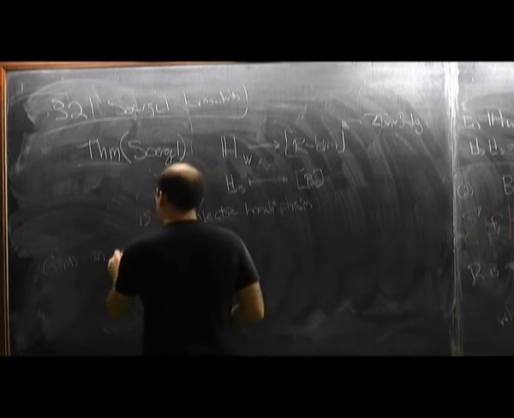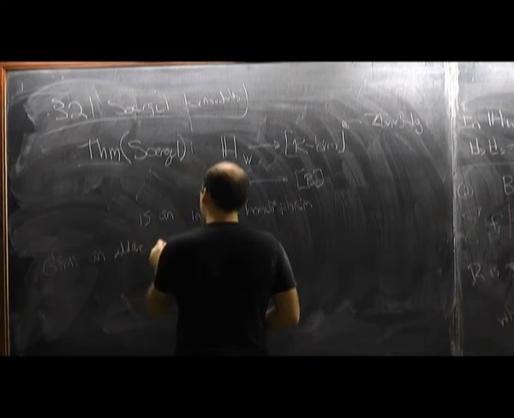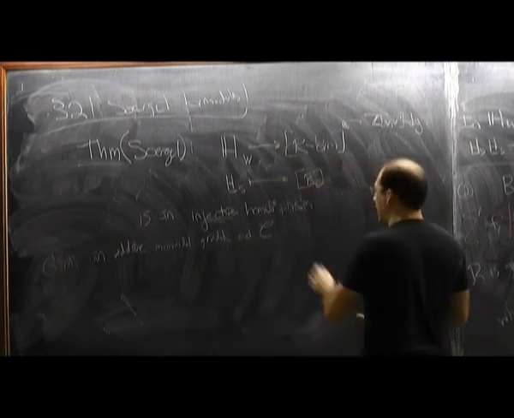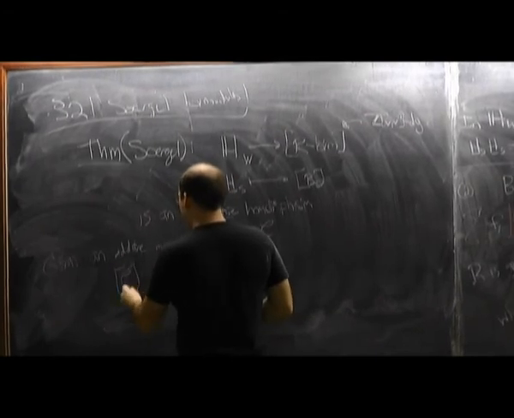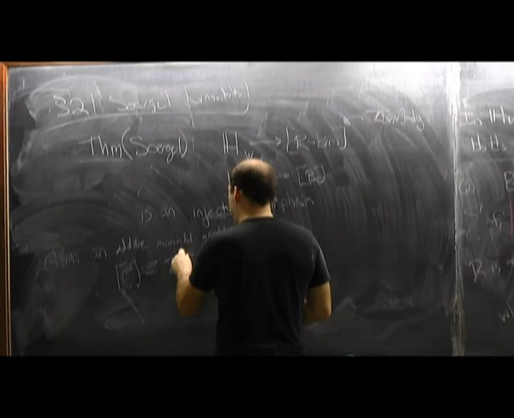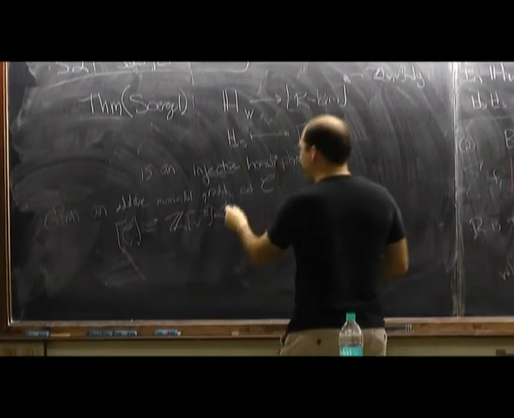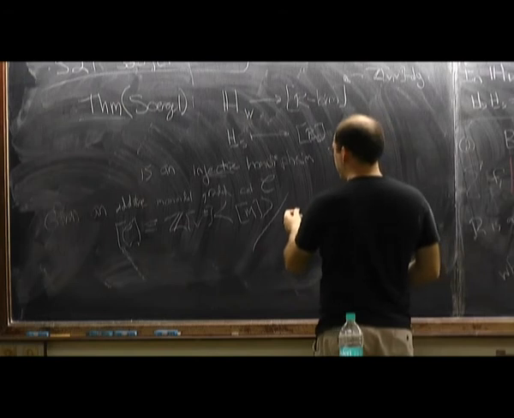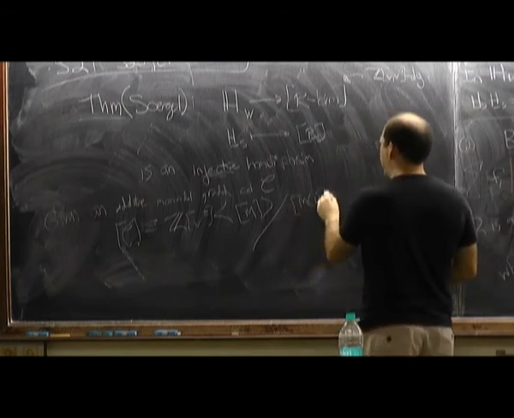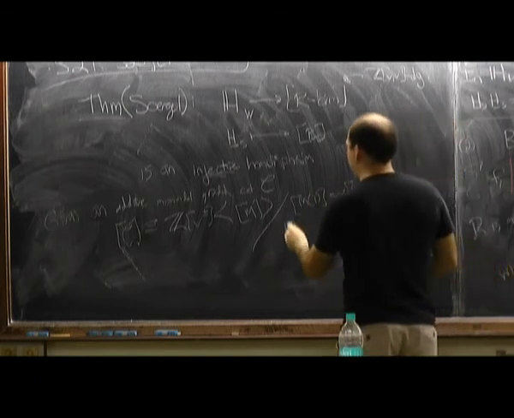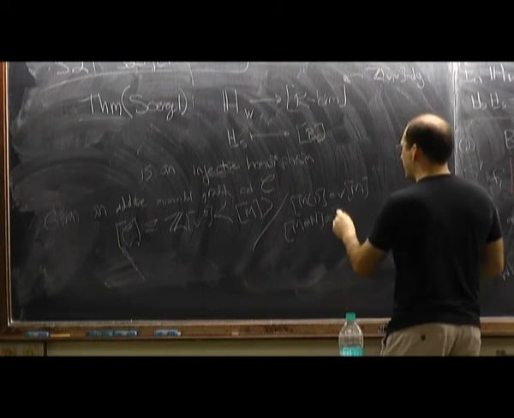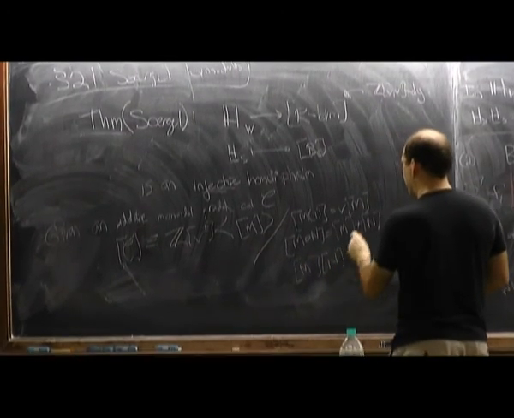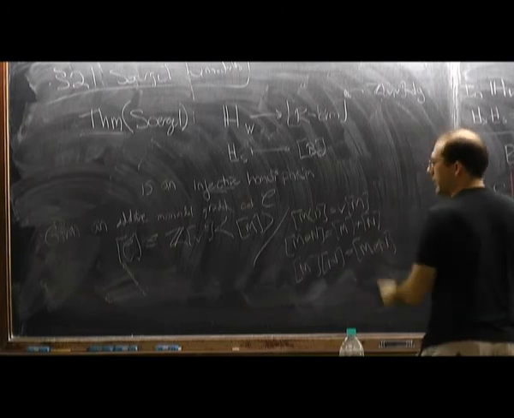Given an additive monoidal graded category C, its Grothendieck group is, by definition, the Z[v, v inverse] module generated by the class of objects, for all objects, modulo the relation that the class of M shifted by 1 is v times the class of M, and that the class of M plus N is the class of M plus the class of N, and the ring structure is given by this. This is not a relation, but this is the ring structure.